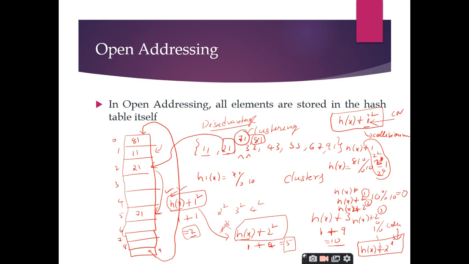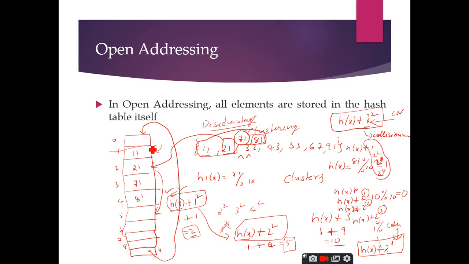Yes, sir. Right. So can you observe here, for example, if I take the same sequence 11, 21, 71, 81, and make use of linear probing, what is happening here? 11 will be occupying the first index, 21 will occupy the second index, 71 will occupy the third index, and 81 will occupy the fourth index. This is how it happens in linear probing.